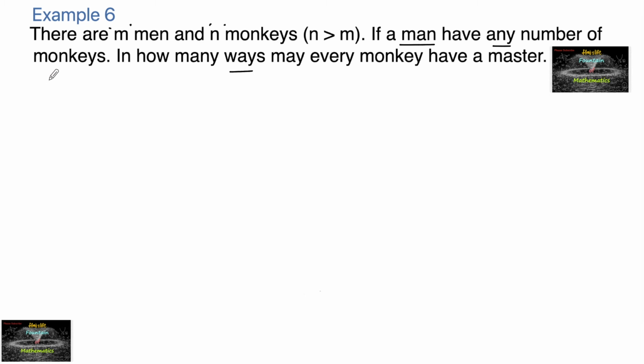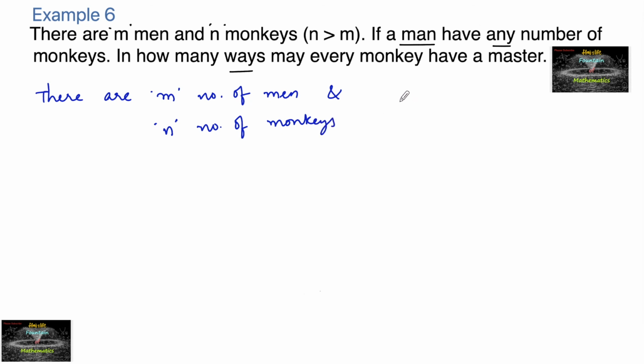So here in this example, there are m number of men and there are n number of monkeys. Here n is greater than m, means the number of monkeys is more than the number of men.